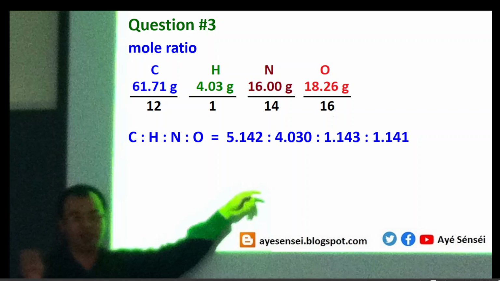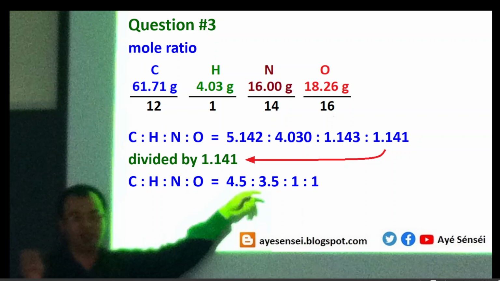However, these numbers are not good looking, so we have to simplify them by dividing them by the smallest number. Dividing the numbers, we can get these values: 4.5, 3.5, 1, and 1.